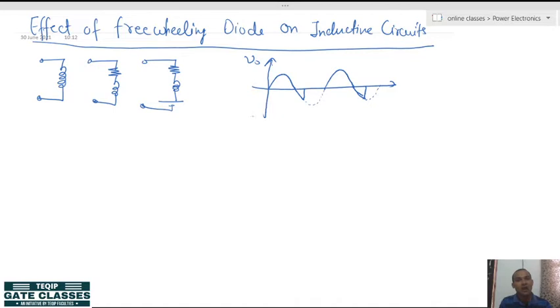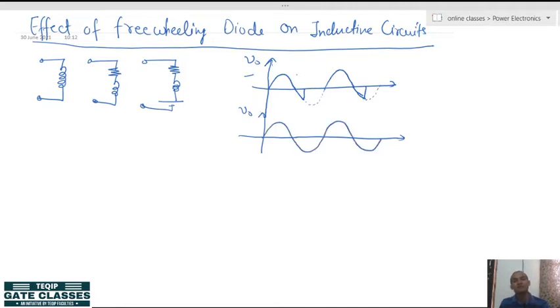In case of pure inductive load, there was no rectification actually taking place, and the output voltage was as it is like the input source voltage.